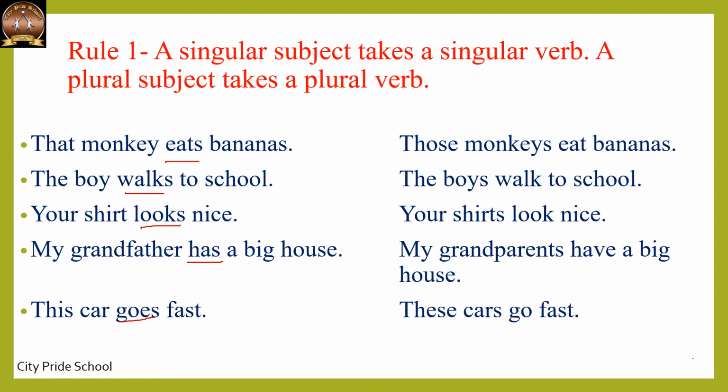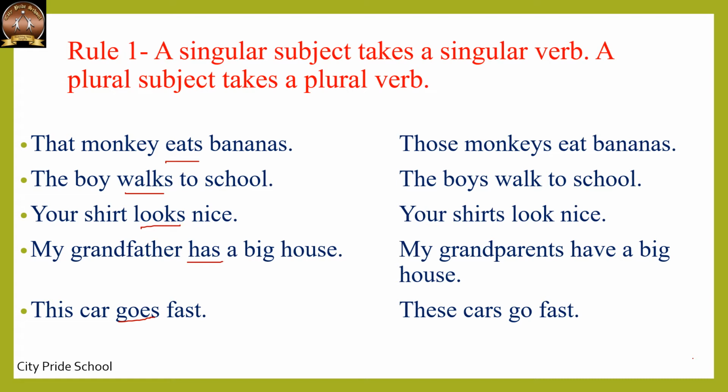Whereas on the other side, we have the plural verbs with plural subjects. Those monkeys eat bananas. The boys walk to school. Your shirts look nice. My grandparents have a big house. These cars go fast.